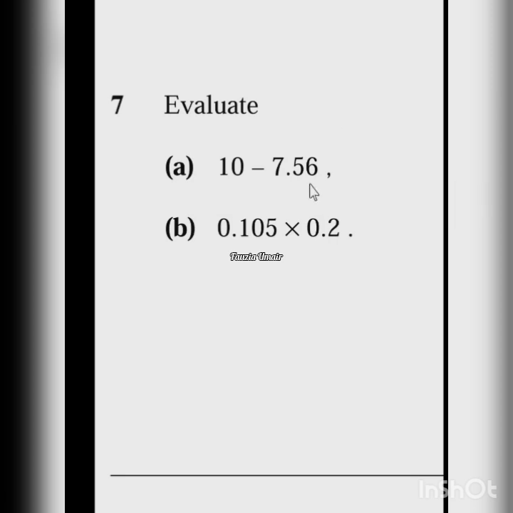Yes. And if you want to solve it, write 10.00 and 7.56. Just do the subtraction. And here what will I have? 2. So this is your answer.